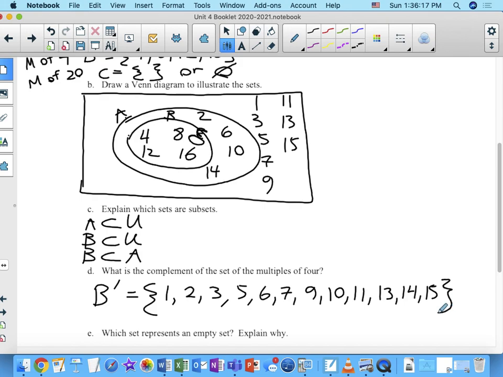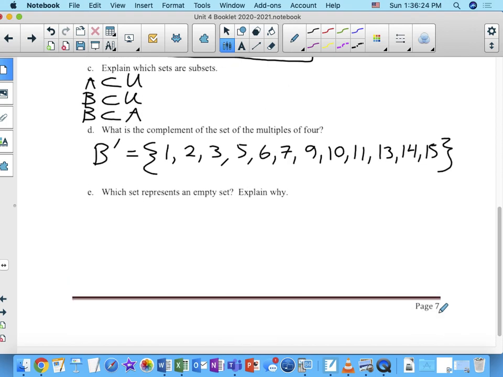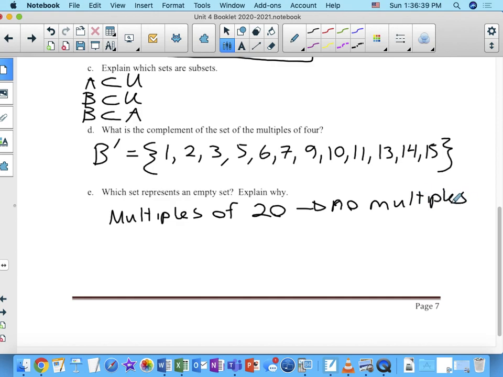And that's B complement. Okay? And then what set represents the empty set? Well, we talked about that. That is the set of multiples of 20. And that's because there are no multiples of 20 in U.